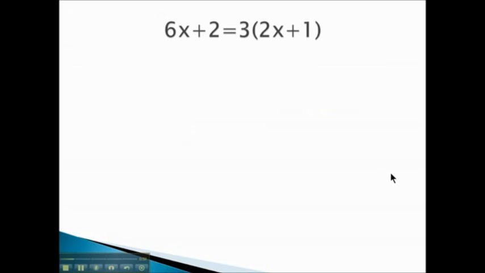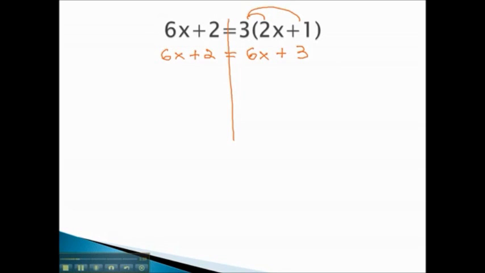In this first problem, we would start solving by balancing through the equals, distributing through the parentheses. This would give us 6x plus 2 equals 3 times 2 is 6x, plus 3 times 1 is 3.